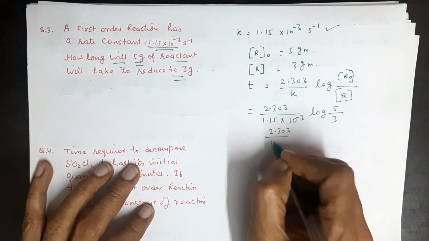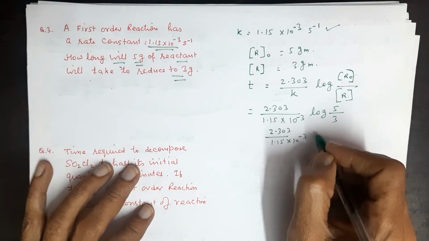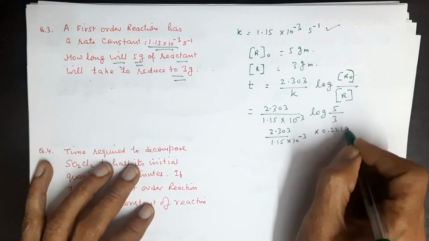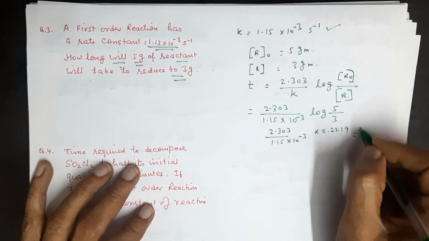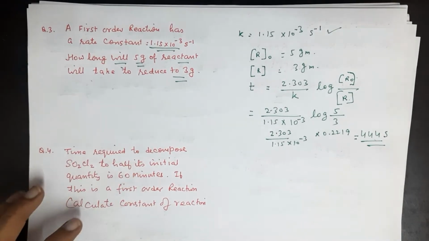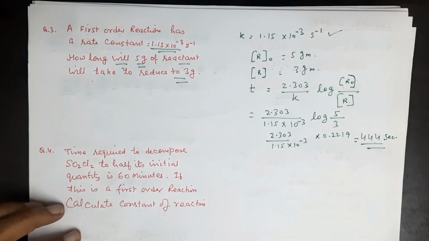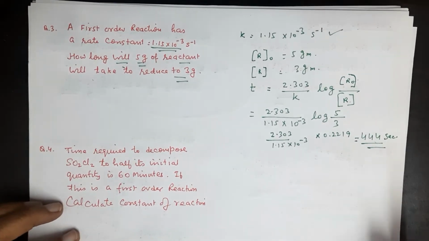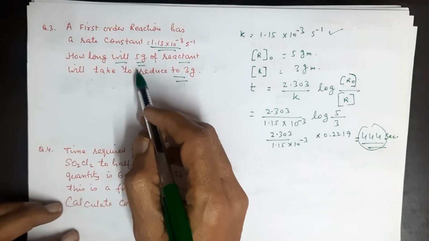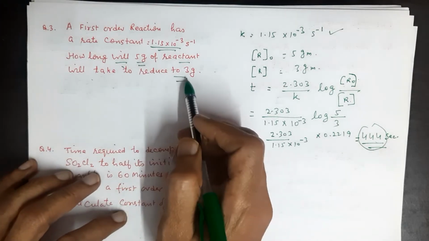Log of 5 by 3 becomes 0.2219, and this comes to 444 seconds. This much time will be taken by the reactant to reduce its concentration from 5 gram to 3 gram.